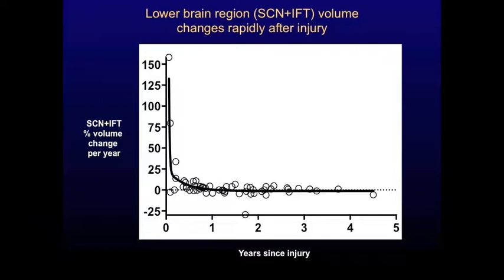After the first few months, that also plateaus out and it follows an exponential curve. This finding was surprising because we didn't expect to see enlargement of brain regions, and to our knowledge, this is the first study which shows enlargement of these brain regions in patients with mild or moderate traumatic brain injury.